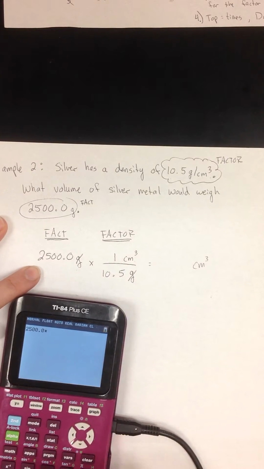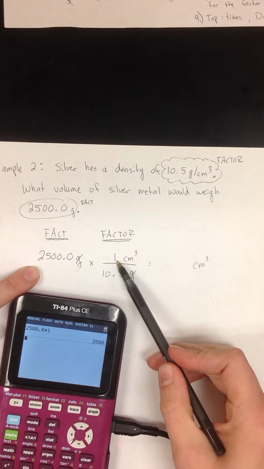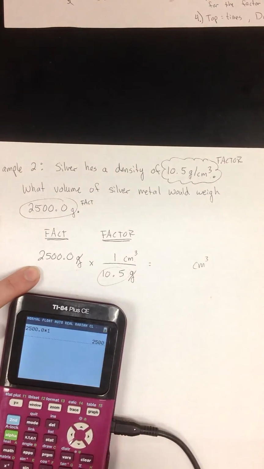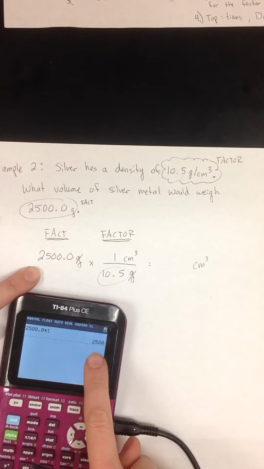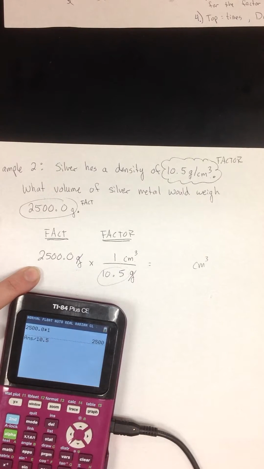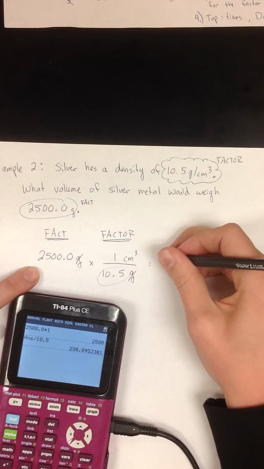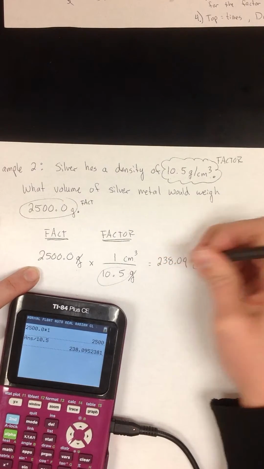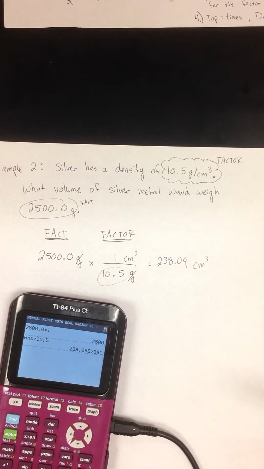Well, it's times 1, so that's not going to change my number. But then I've got this number that goes down. So I'm going to go 2,500 divided by 10.5 equals, it gives me a value of 238.09. Well, that's a lot of digits that my calculator is giving me.